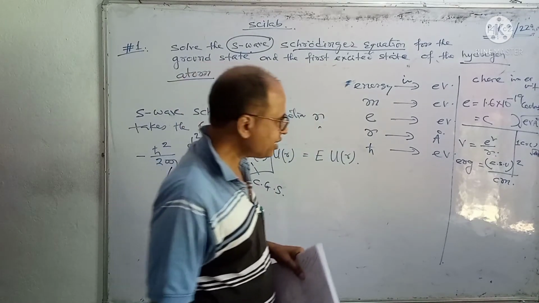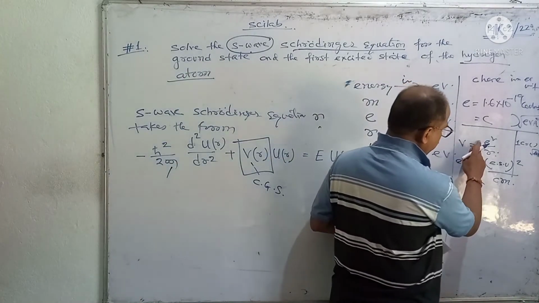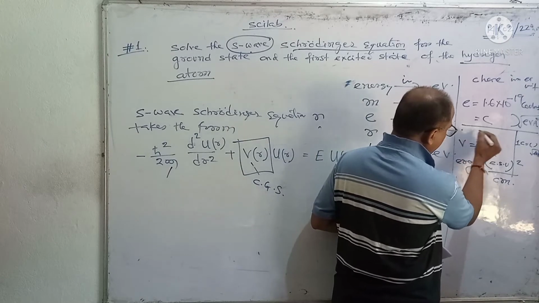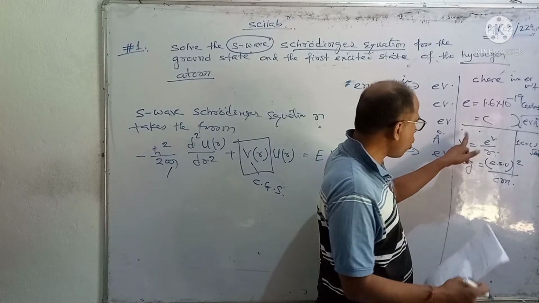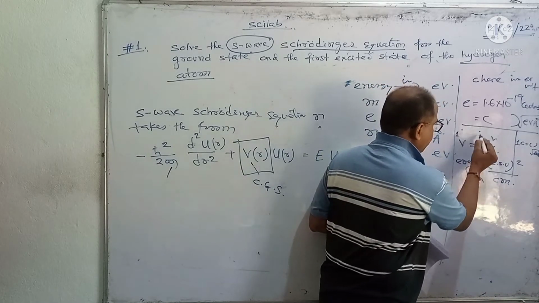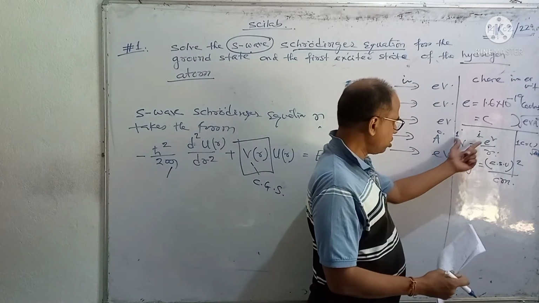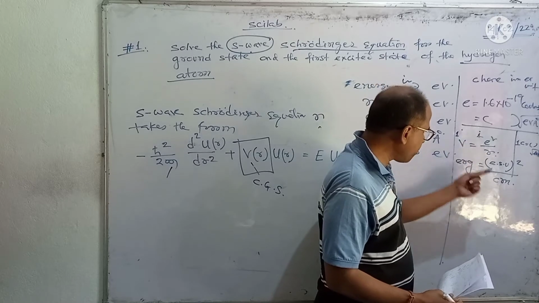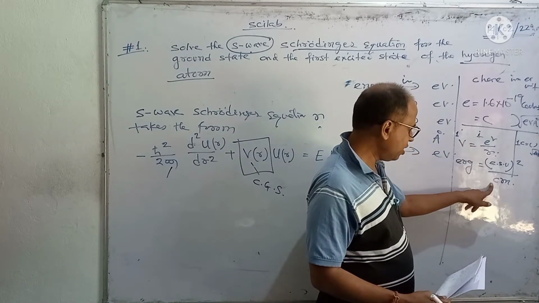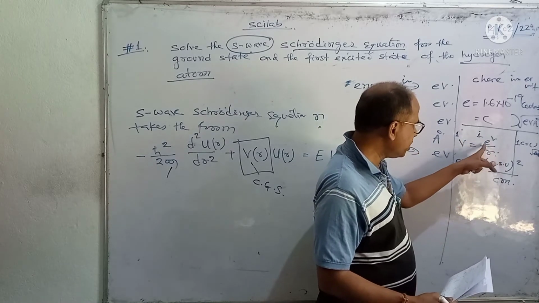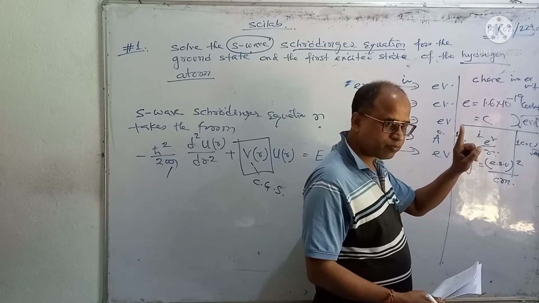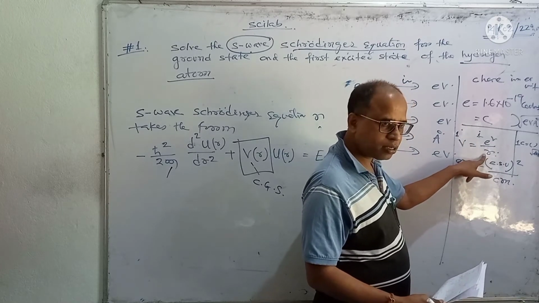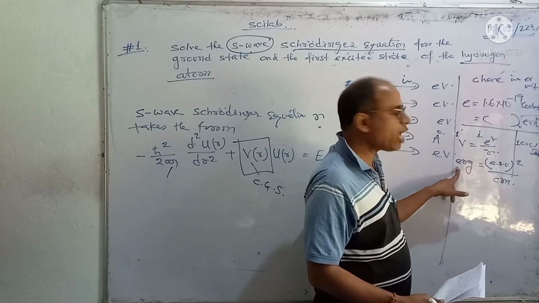Fine. What is the meaning? If there are two charges, each of one electrostatic unit, separated by 1 centimeter, then what will be? Here 1 square means 1. Here it is 1. Therefore, V will be 1 erg.